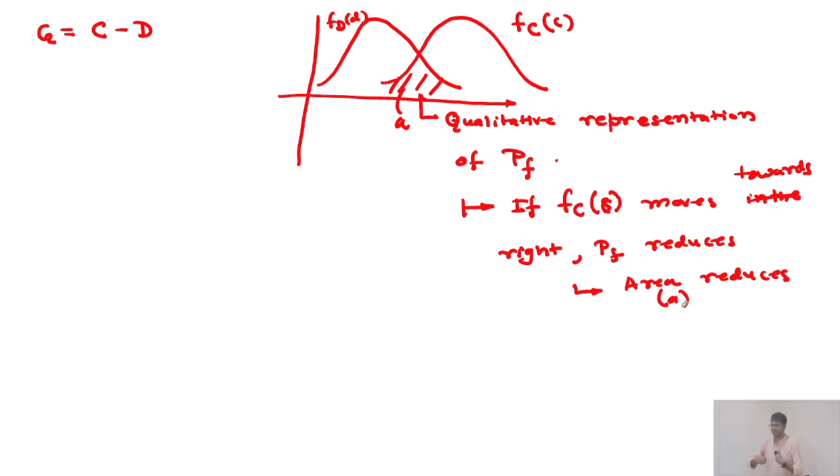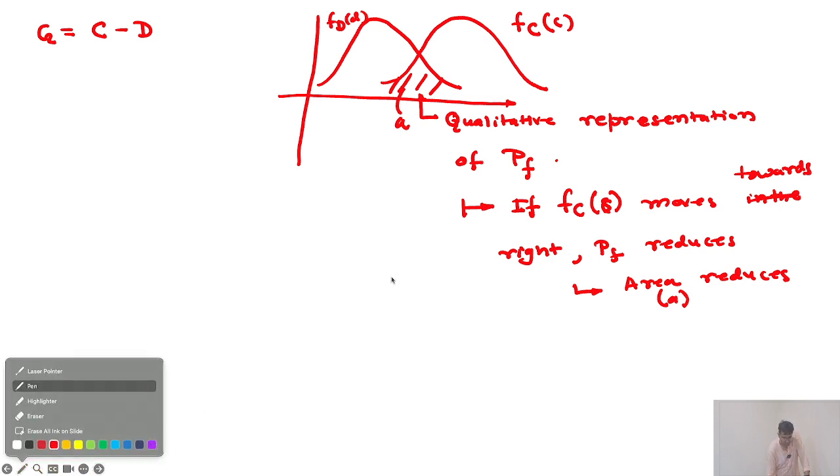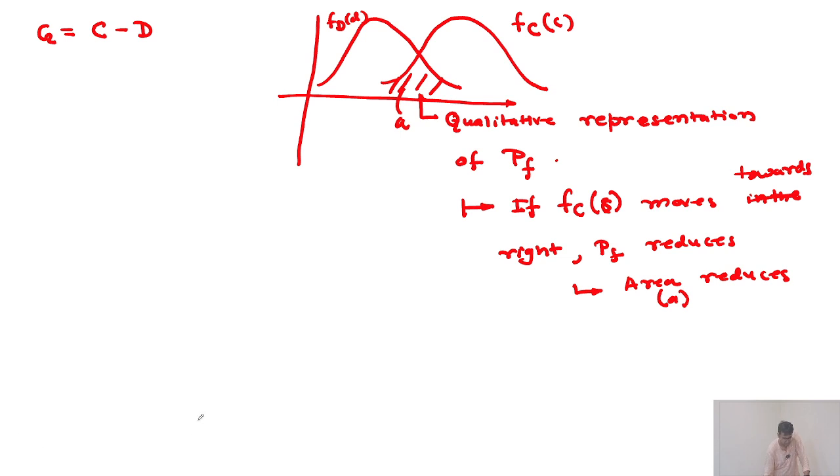If standard deviation increases, we know probability of failure will increase, and that is again something that we observed. So in that sense, and I will highlight this, these are all qualitative. This is the important one.